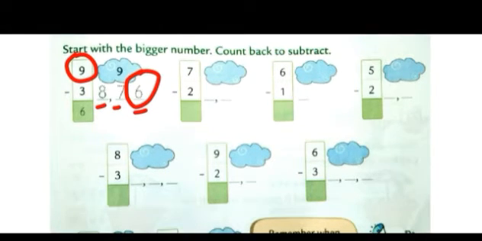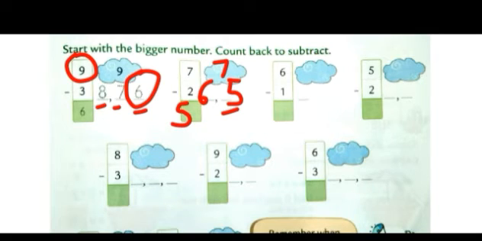And first, in this cloud, you need to write the bigger number. So, which is the bigger number? 7 is the bigger number. Okay, let's count back 2 numbers. 6 and 5. These are the 2 numbers when we count back from 7. So, what is the answer? 5. So, we will write 5 here.